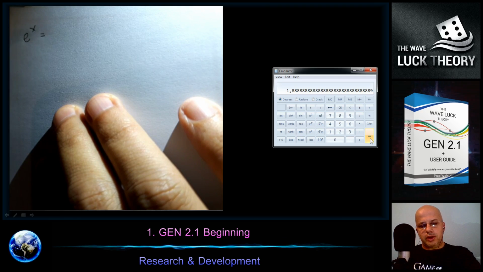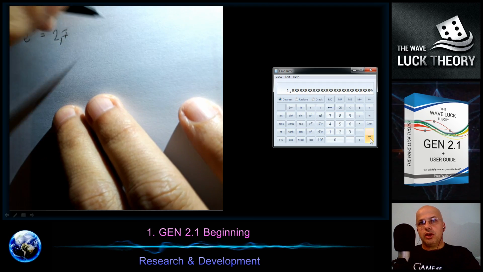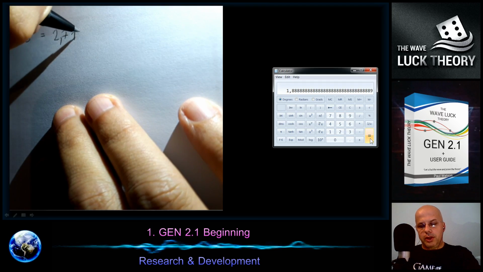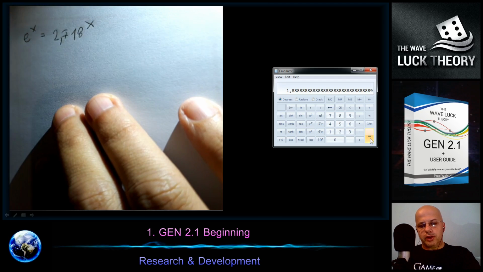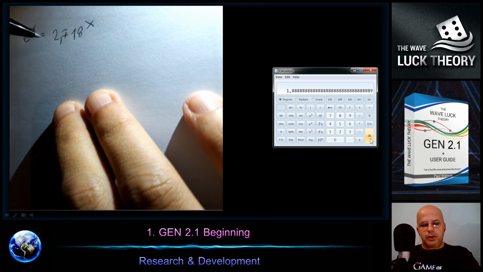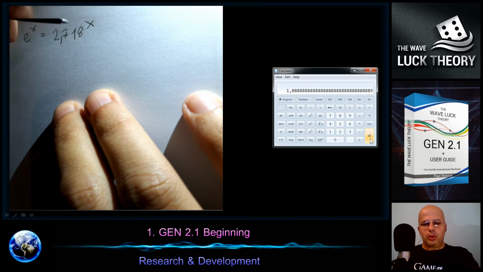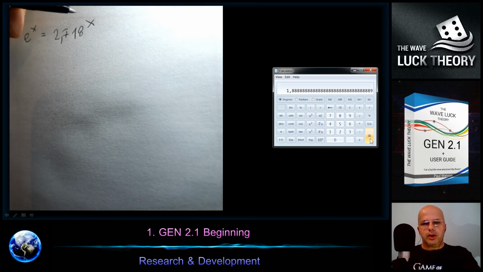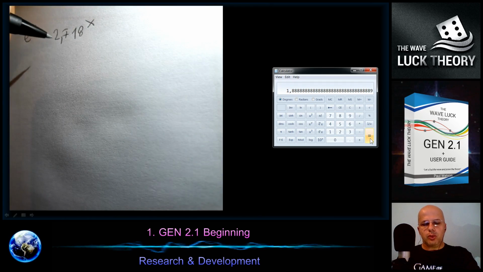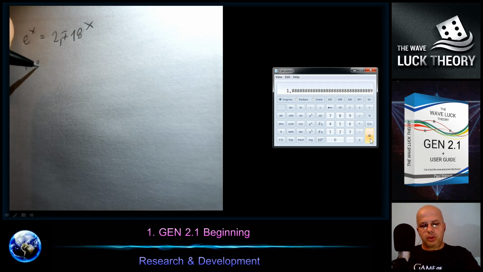We can write it in the same way, like 2.718 to the power x, and 2.718 is Euler's number, you might know it, and its natural logarithm is equal to 1, and we can see the values, like if we have e to the x.